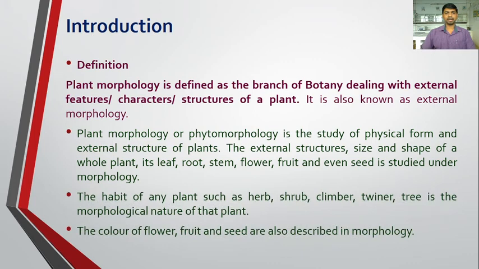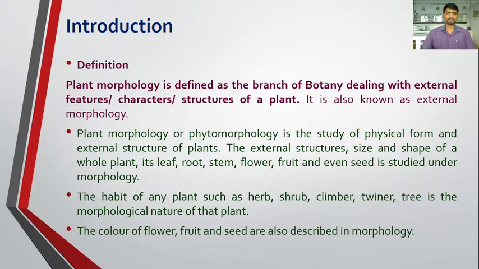The habit of any plant, such as herb, shrub, climber, twiner, tree, is the morphological nature of that plant. The color of flower, fruit and seed are also described in morphology. So morphology comprises a detailed description of the external structures of the plant, right from root, stem, leaf to the seed.